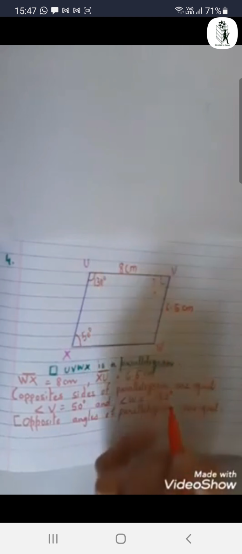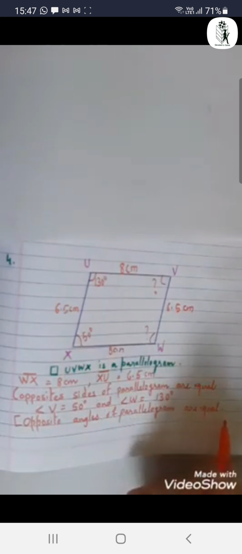And if angle U is 130 and angle X is 50, this is 130 and this is 50. How much is V? We have to find out this. And how much is W? We have to find out this.